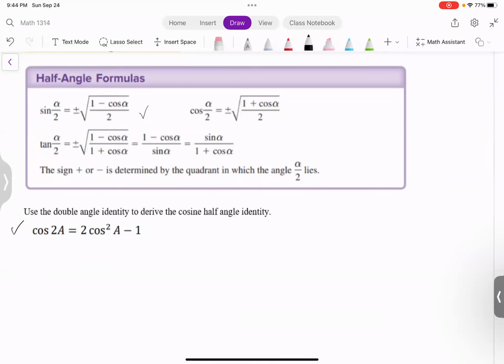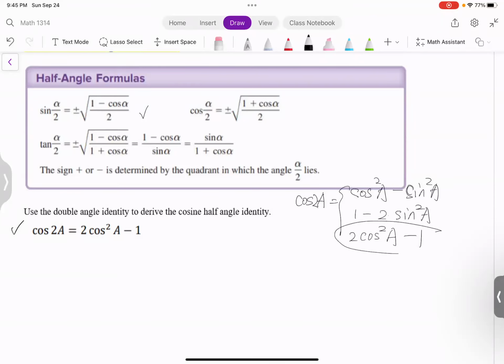I have learned the double angle formula. For the cosine, I have 3 formulas. Cosine 2A equals cosine A squared minus sine A squared, and also equals 1 minus 2 times sine A squared, and also equals 2 times cosine A squared minus 1.